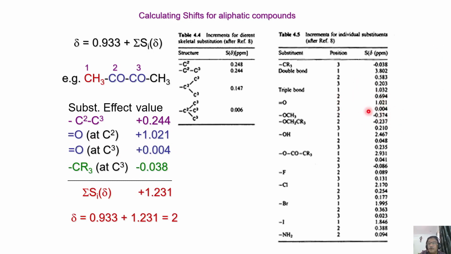See, 0.004. Take that value. CH3 group at position 3, you will see that minus 0.038. Add up all these values, and this is the base value for this type of molecule. And totally, if you add up everything, you get the chemical shift of 2 ppm approximately for this proton. You understand? The experimentally determined value is around 2.2.